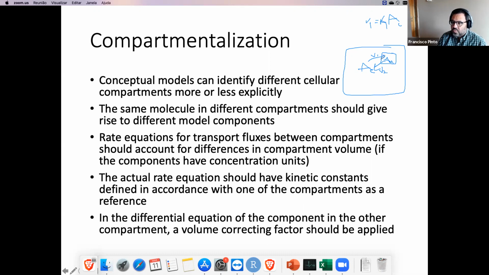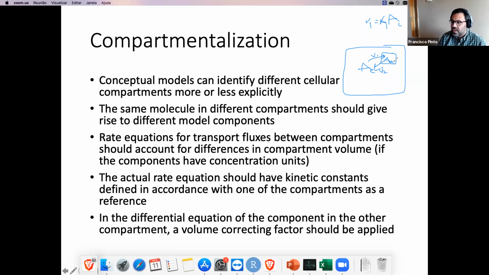So it's the same molecule that goes out from one place and appears in the other, but the change in concentration in the cytosol, as it is much bigger, is a smaller change than what you see in the nucleus, where that single molecule, in a smaller volume, will affect the concentration of A nuclear in a more intense way.